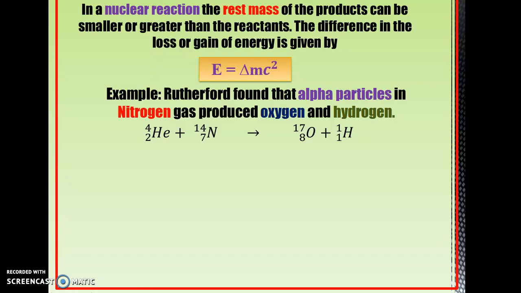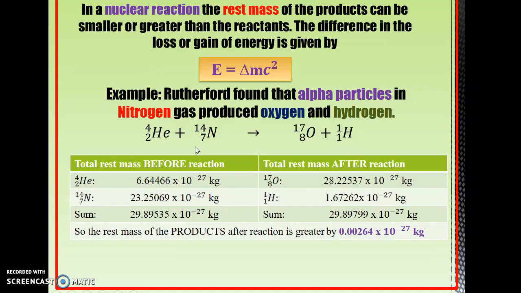Now, if we look at the rest masses of each of these individual parts on the left and again on the right, we'll find that the total rest mass before the reaction, in other words, we take the rest mass of a helium nucleus, an alpha particle, and add to it the rest mass of a nitrogen nucleus, and we end up with a sum total of 29.89535 times 10 to the negative 27 kilograms.